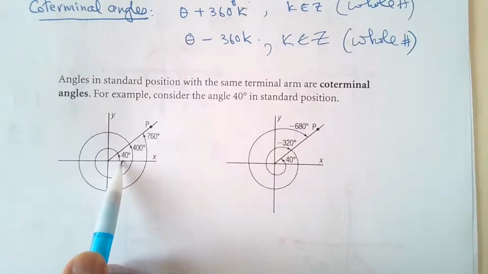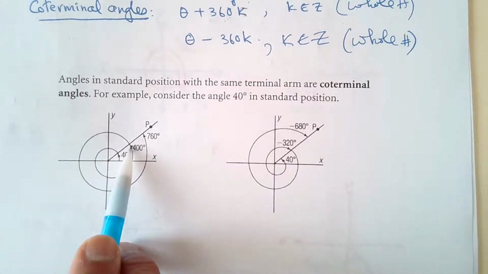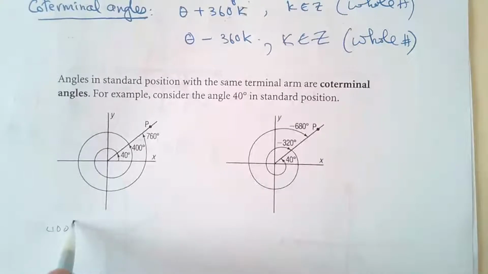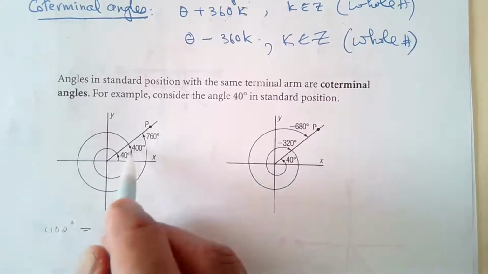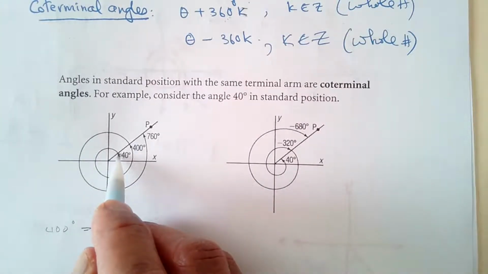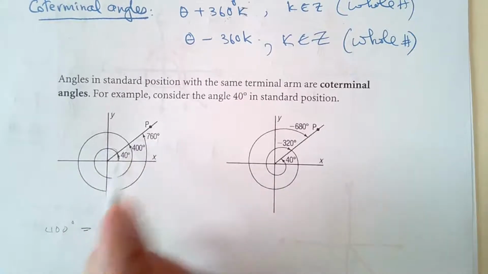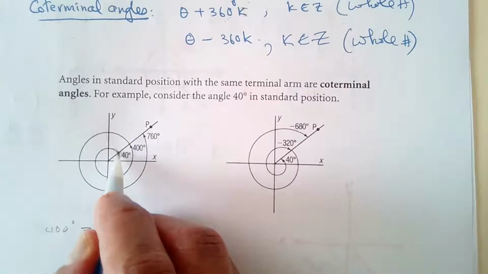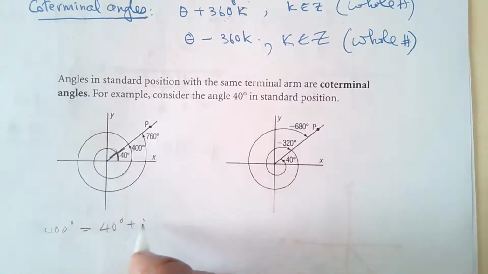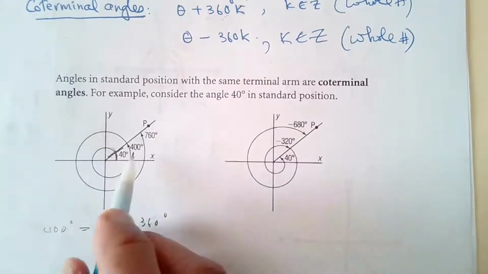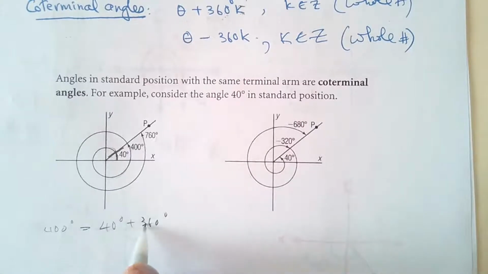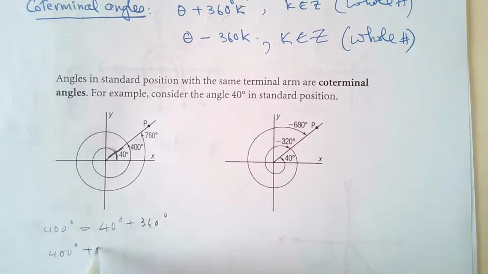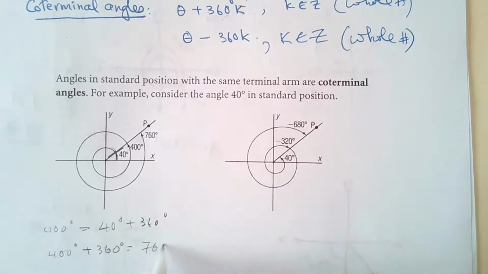Here we have 400 degrees. So 400 degrees is 40 degrees, and you go around another time. The initial angle is 40 degrees plus 360. If you add 360 to 400 degrees, the next one is 760.